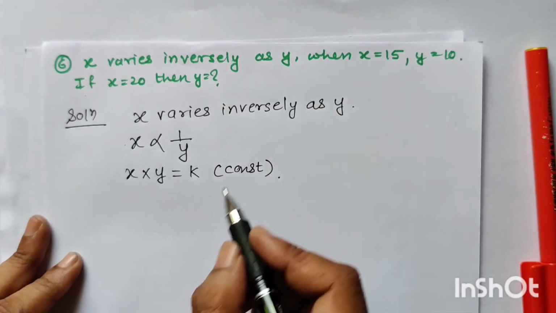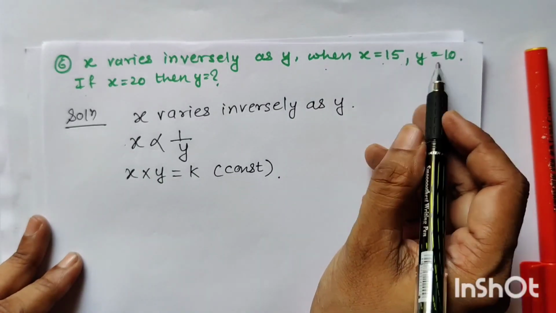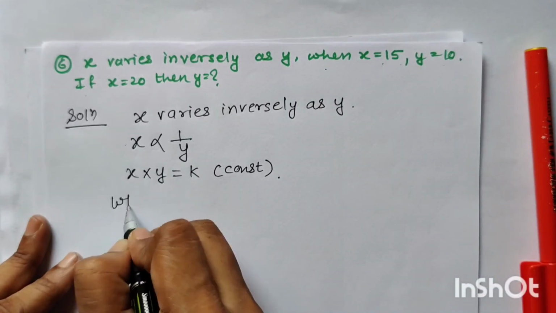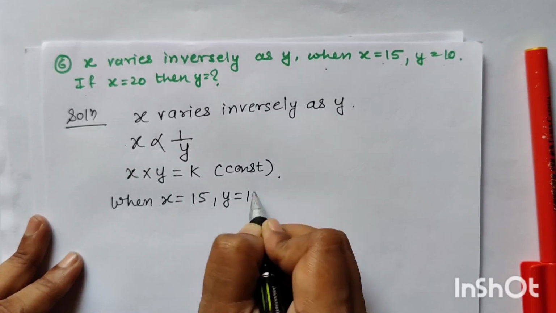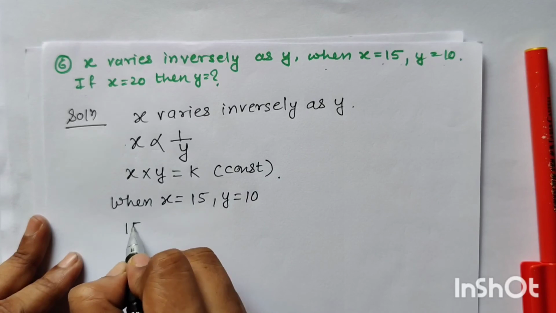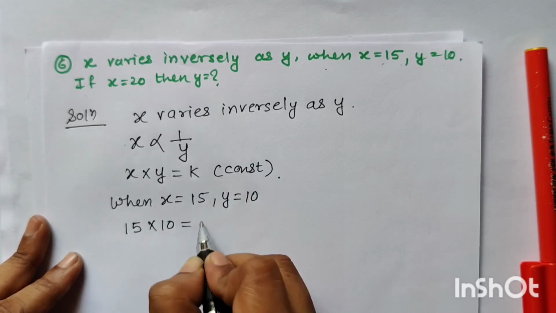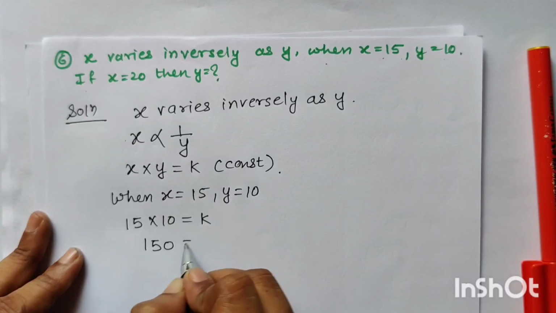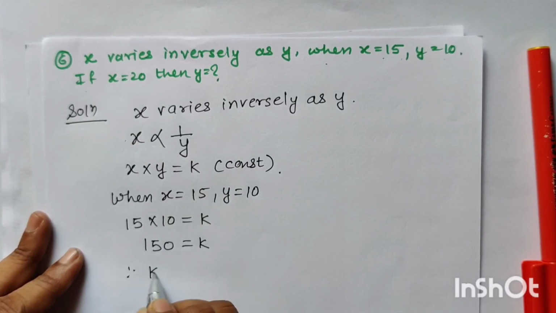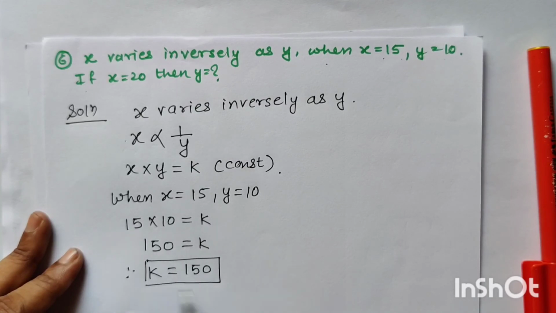Now what is given? When x is equal to 15, y is equal to 10. So put the values: 15 multiplied by 10 is equal to k, constant. That means 150 is equal to k, so k is equal to 150, which is the constant of variation.